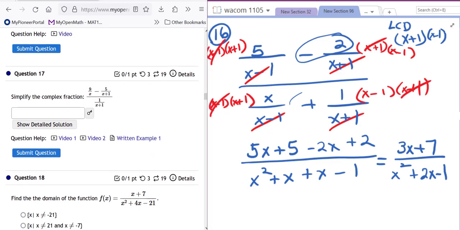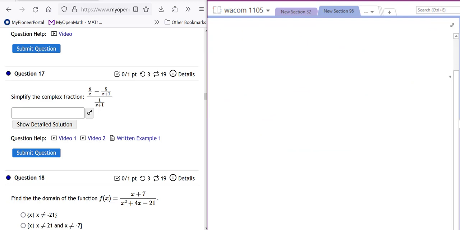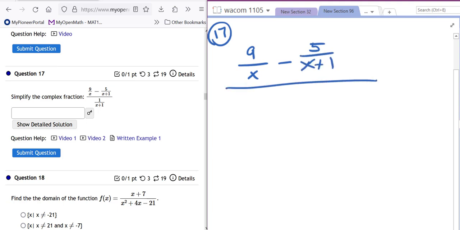All right, we'll do one more of those. I know, it's overkill on those, but... So here your LCD is going to be an x and an x plus 1.